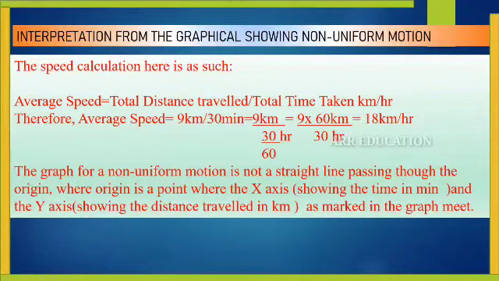So we get 18 kilometers per 1 hour, or we can just say 18 kilometers per hour. So the answer is 18 kilometers per hour, which is equal to 540 kilometers by 30 hours. Simplifying the fraction doesn't change the final value. You're just simplifying it to make it look simpler.